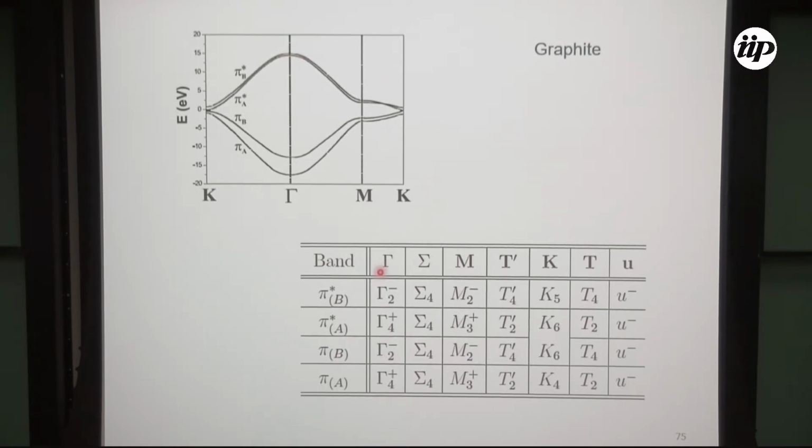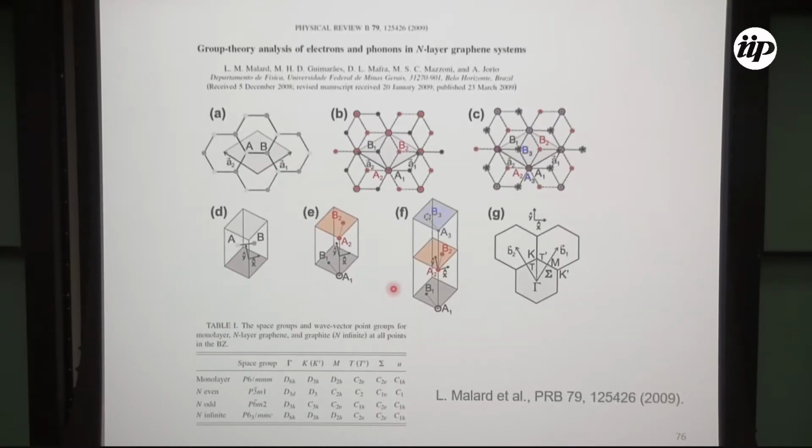And we can also assign this, the pi electrons, which are also Z. As I showed you, this gamma 2 minus here is a Z component. Okay, so if you want to see more about the group theory of graphene, this paper is quite complete.